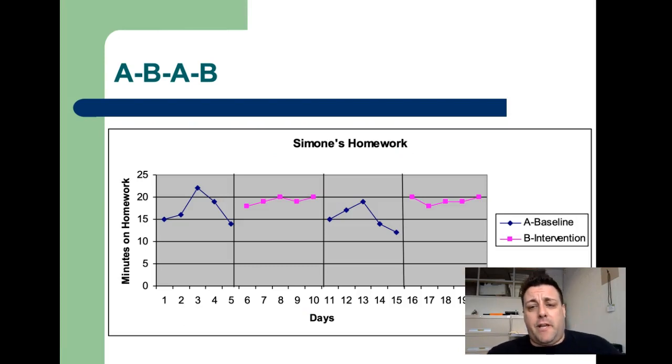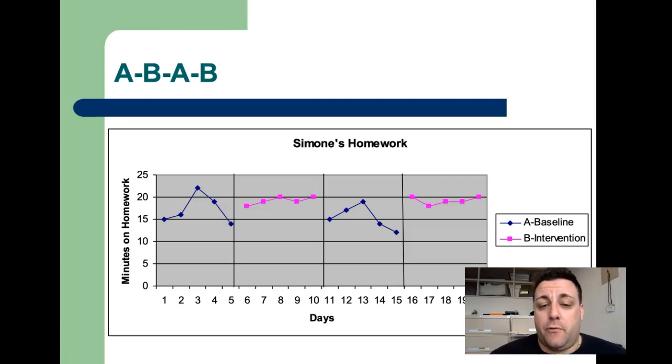I do have an example again, just with Simone here. You can see this time we've extended the study period out to 20 days, and we're using an AB-AB design with her this time, just to see what happens when we remove the intervention. In this case, it looks like she's spending more time with the intervention in place.